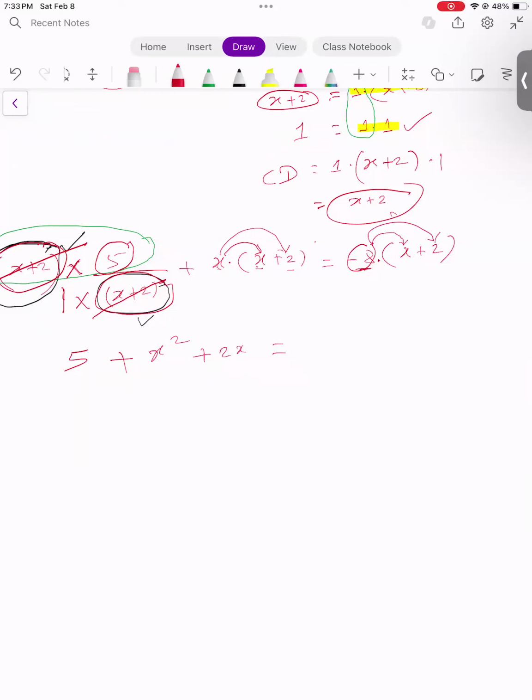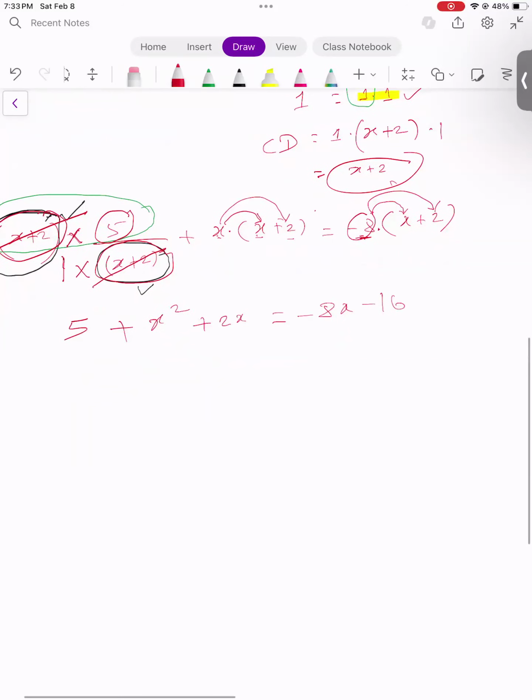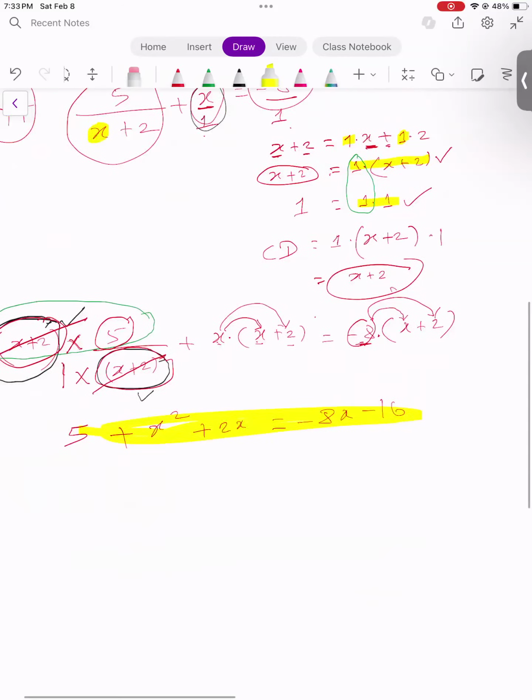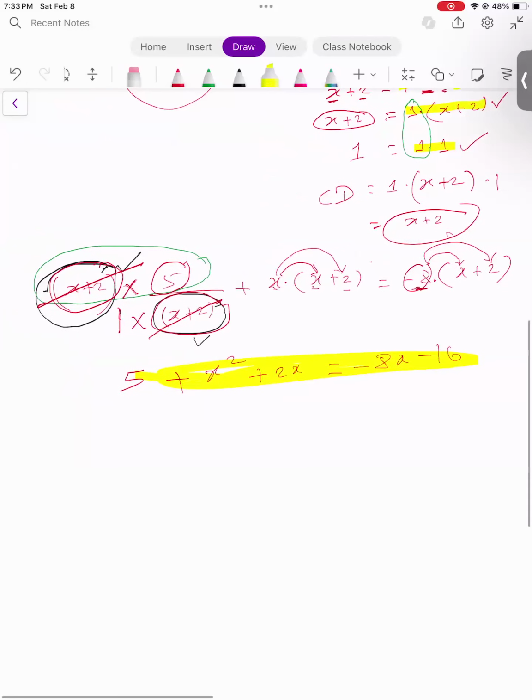Negative 8 times positive x is negative 8x, negative 8 times positive 2 is negative 16. This is an equation, and this is a quadratic equation, and we'll come back to this quadratic equation. Let me go to the next, number 3. Does anyone have any question up to here?